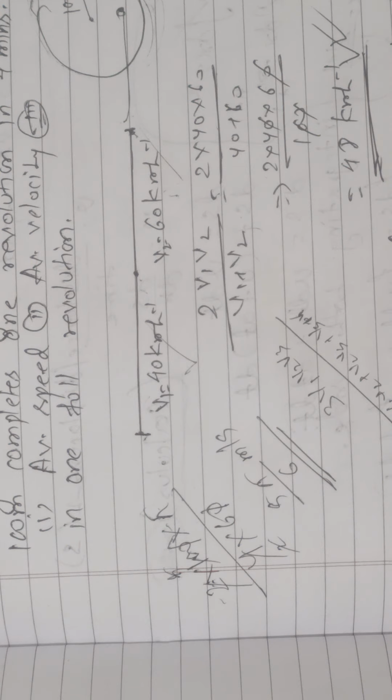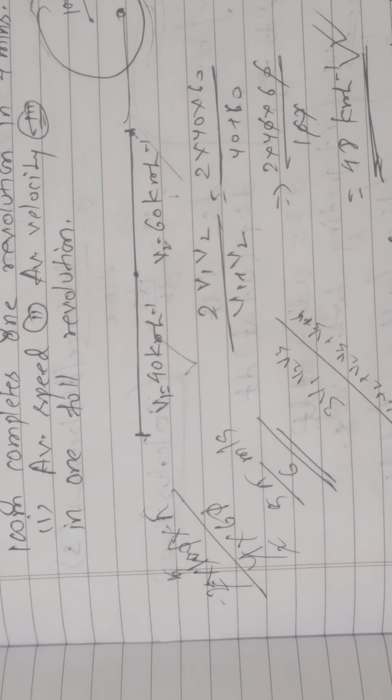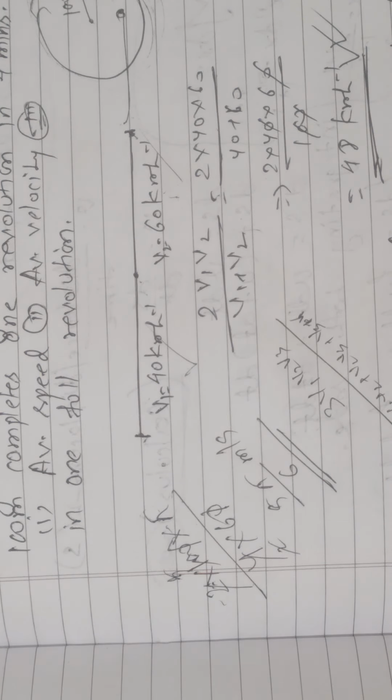Relations for uniformly accelerated motion, that is also done. So according to me, whatever theory and derivation and the basic numericals were required in this chapter, that we have covered. But after that also you do some numericals by yourself, you do some derivations by yourself. In case you find anything which is not covered in those two videos, then you can message me, I'll get back to you, and I will try to make a separate video for all your doubts.